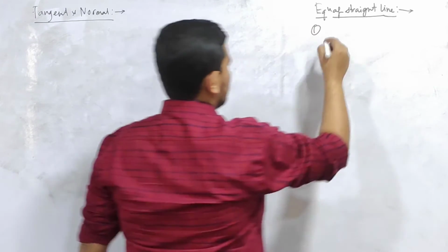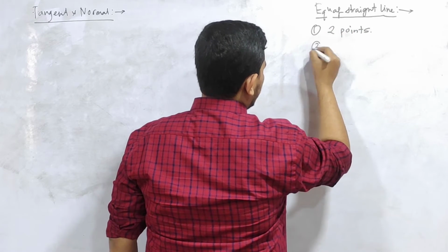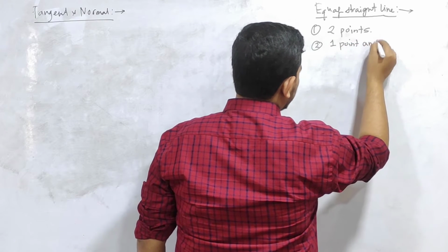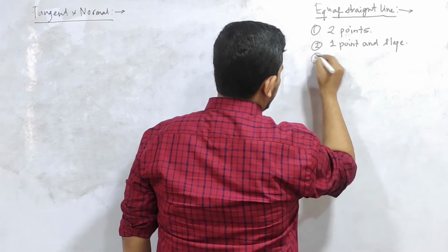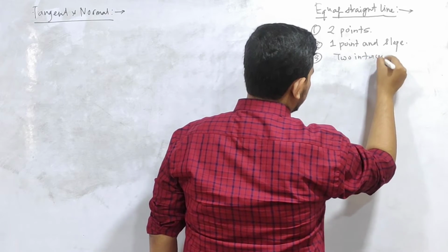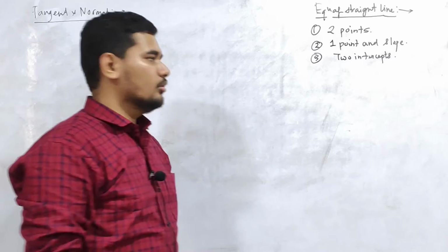That is, suppose you are given 2 points, or you can have 1 point and slope, or you can be given 2 intercepts. So basically you need 2 pieces of information always.